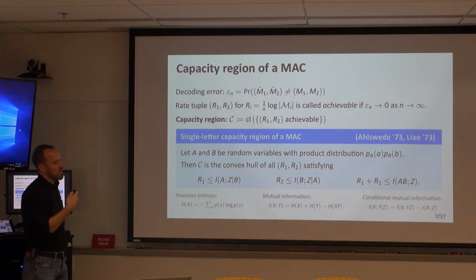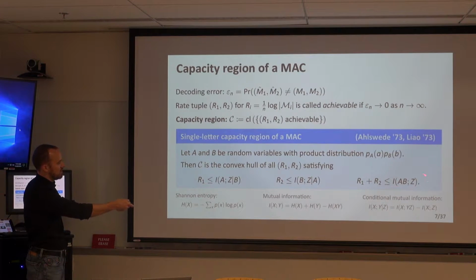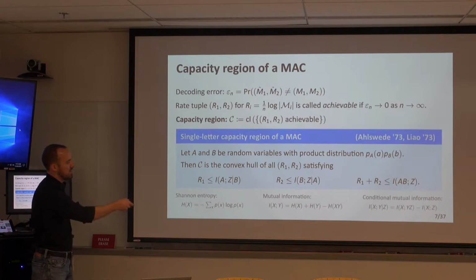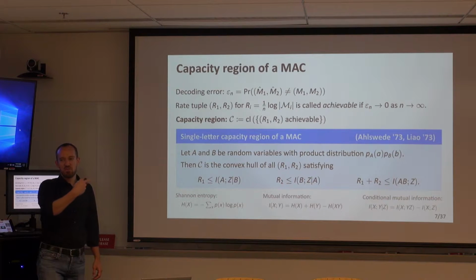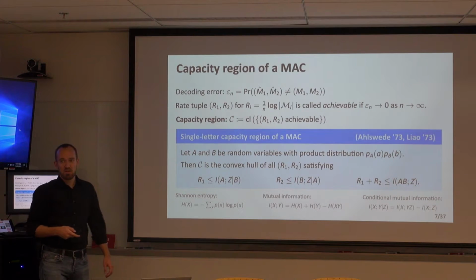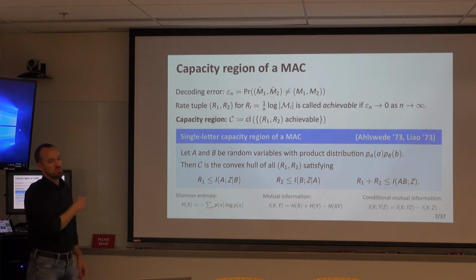And then you have a constraint on the sum of the two rates, R1 plus R2, which should just be the mutual information between the senders kind of merged together and the receiver. So if you're familiar with Shannon theory and you know the classical channel capacity theorem, then this constraint here kind of resembles the capacity quantity. But the big difference is that you can only input product distributions between A and B.